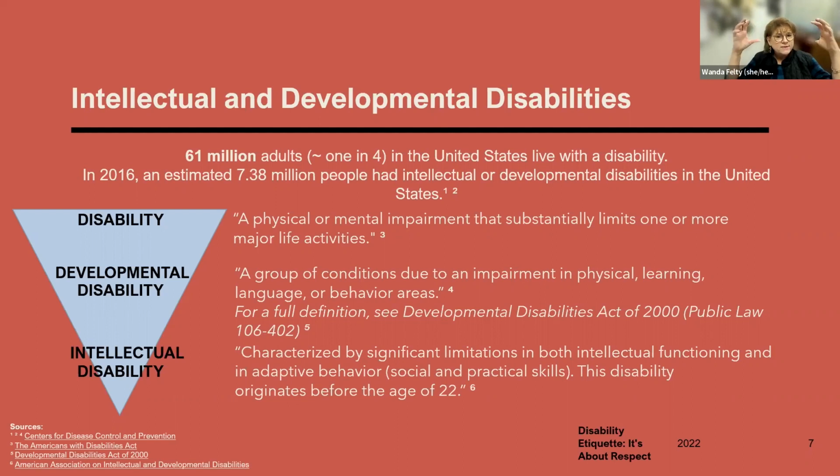Instead of having a limitation in one area of life, it's actually a limitation in 3 areas of life that need support. So if you think about the big D, when you think about somebody having limitations in 3 areas or needing support in 3 areas of living, that goes down significantly.